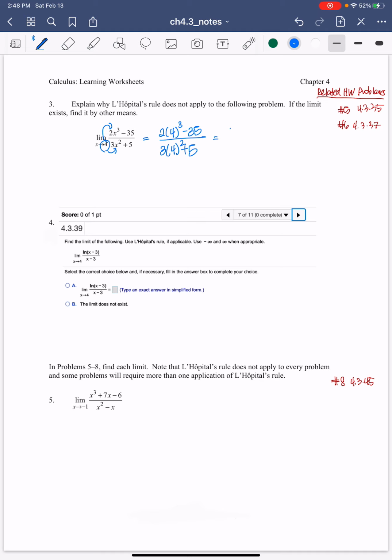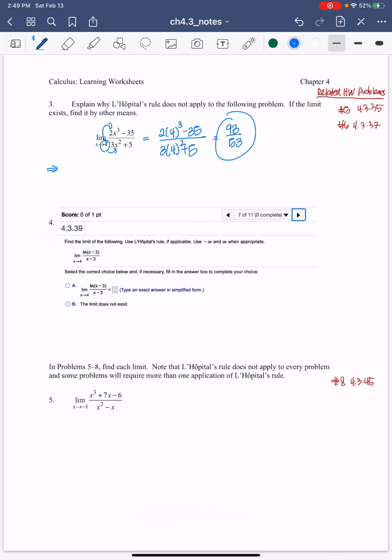Well, the top will be 93, bottom 16 times 3 plus 5, I'm going to get 53. So here, you can see that L'Hopital's rule does not apply because when the value is substituted into the function, the result is not 0 over 0. So the answer is just 93 over 53.